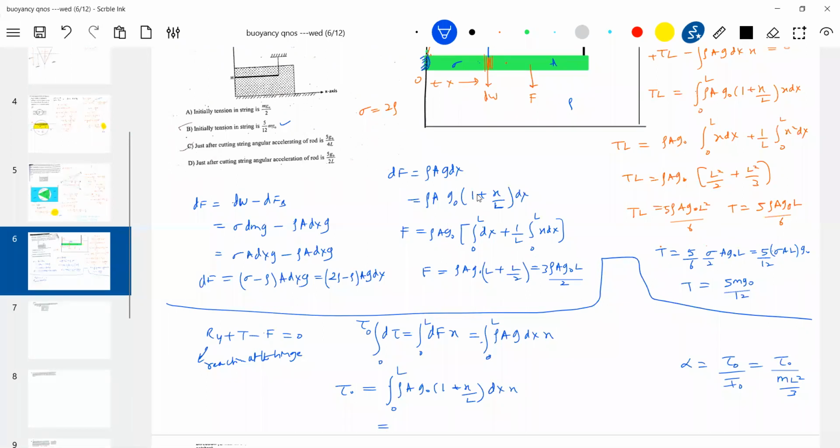Okay, simplify this. Everything will come, rho A g naught outside, then the integral of x dx from 0 to L plus the integral of (1 by L) x square dx from 0 to L. Solve it, you'll get the torque. That you substitute, you'll get the angular acceleration.